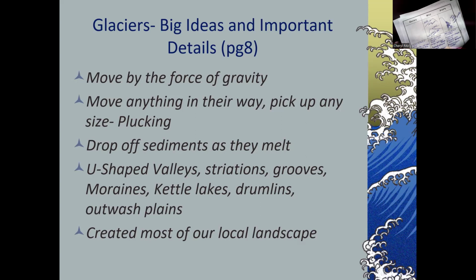As they melt, they drop off any sediments they were carrying, just like a melting snowman. They drop off whatever's in them. Are the sediments going to be sorted or unsorted, by the way?